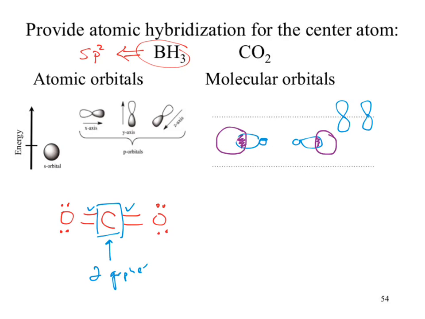meaning perpendicular. So that if I overlaid one of those p orbitals over the top here, it turns out that our oxygen also has p orbitals. As long as those p orbitals are in the same axis, they can now interact. Will they directly overlap with each other?